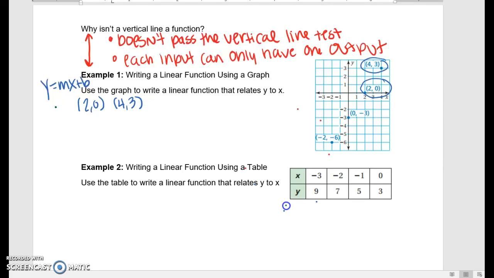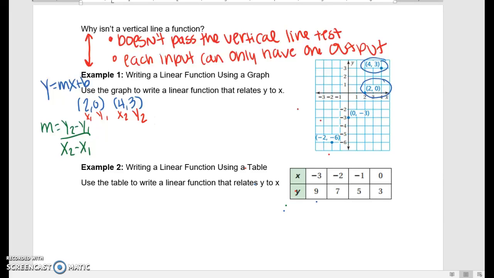Remember, with slope, in order to figure that out, you have to do your y2 minus y1 over x2 minus x1. That's the formula that we're going to use. So what you're going to do is label your x1, y1, x2, y2.